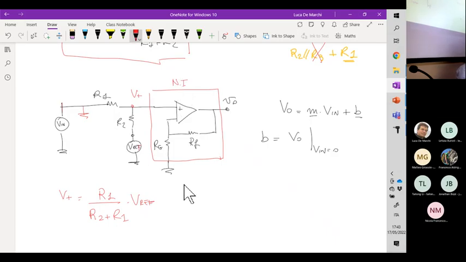So we can use the formula of the non-inverting configuration to find the output. So the output will be V plus times 1 plus RF over RG.